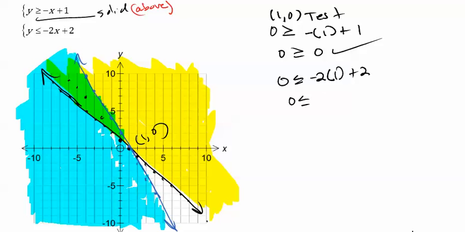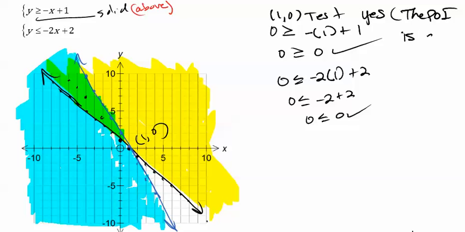So 0 is less than or equal to negative 2 plus 2. 0 is less than or equal to 0. That's true also. So this boundary point is actually a solution. So yes, the point of intersection, I'll just say POI, is a solution to the system of inequalities.